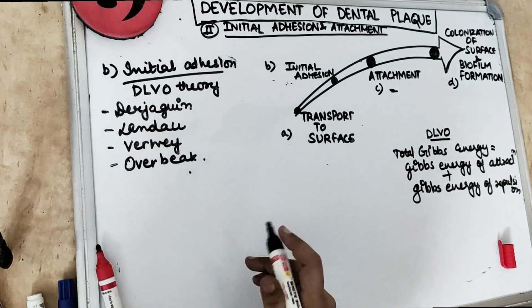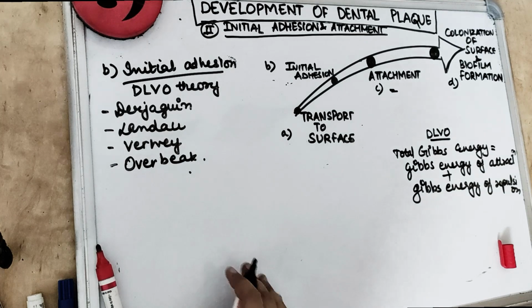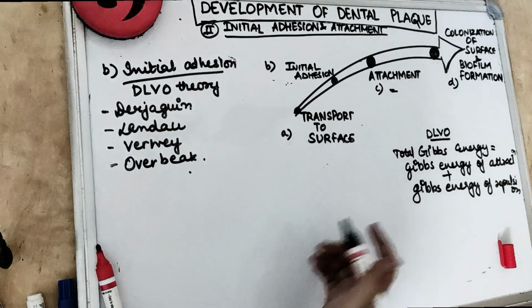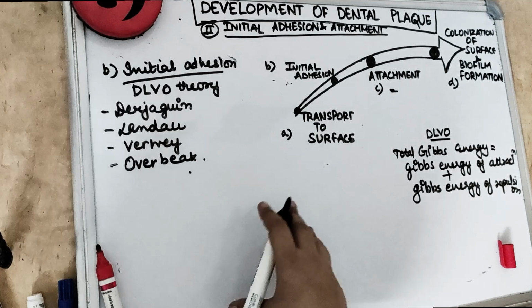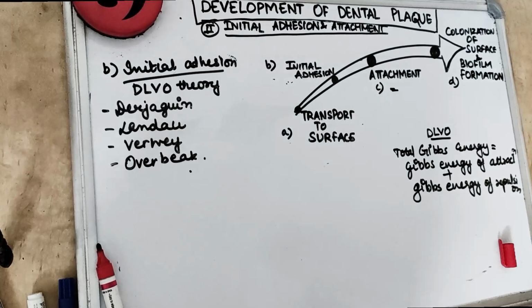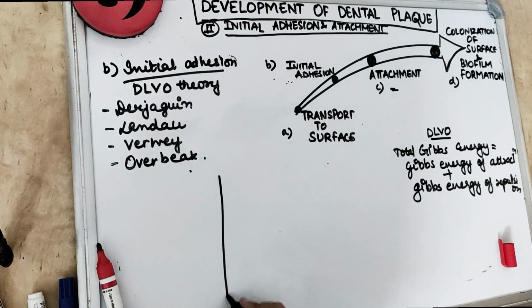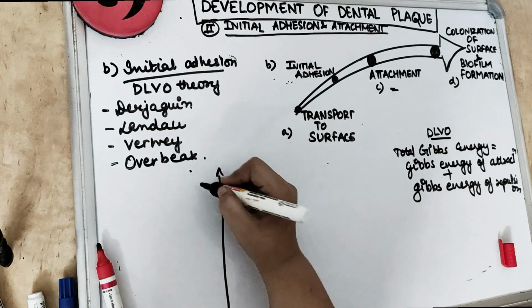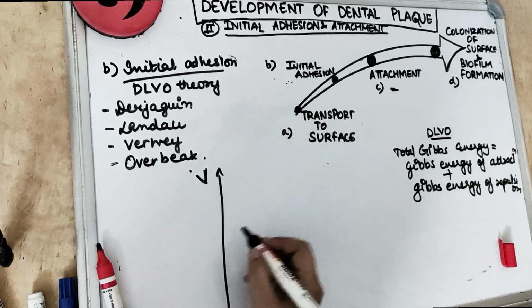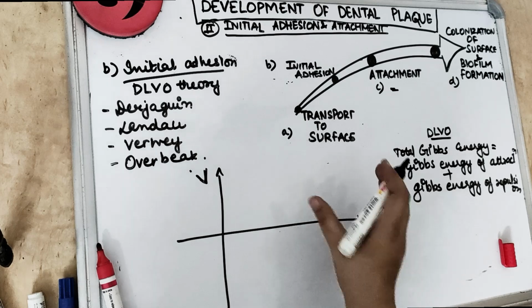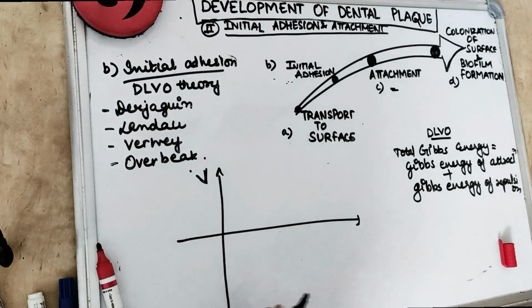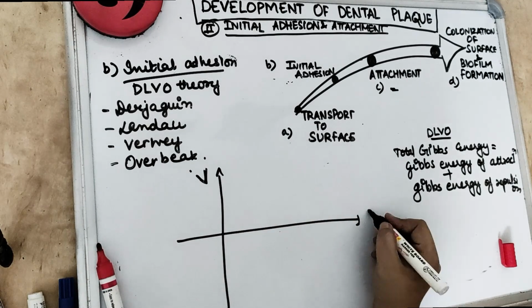There are two ladies in the Wuhan market who want to buy this bat, who are bargaining for this bat, which has a coronavirus. So this is our potential difference, which is the y-axis. I am writing the potential difference here. This gives us the relationship between the potential difference and the distance between two particles. So the x-axis is the distance between the two particles.